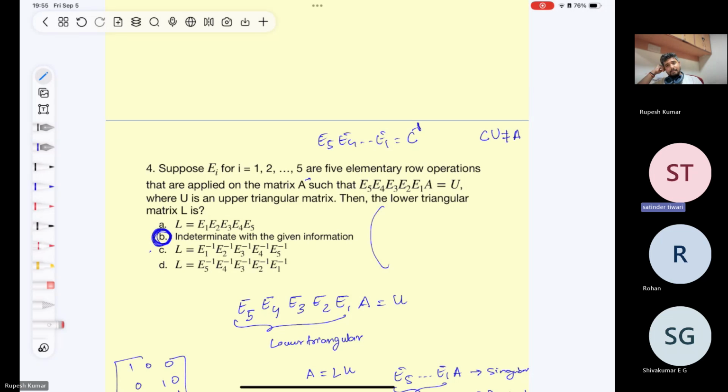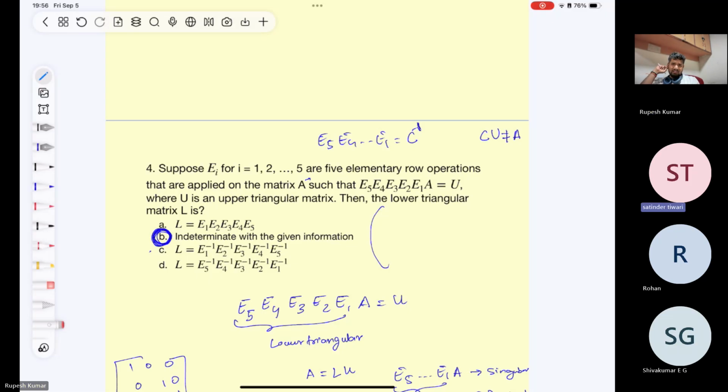I'm saying, sir, that the equation says that from the A matrix we are applying elementary operations to get the upper triangular matrix. It means that the upper part elements match with the A elements. No, they don't match, right? There's a matrix product going on.